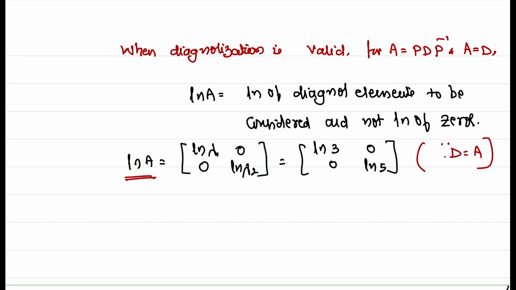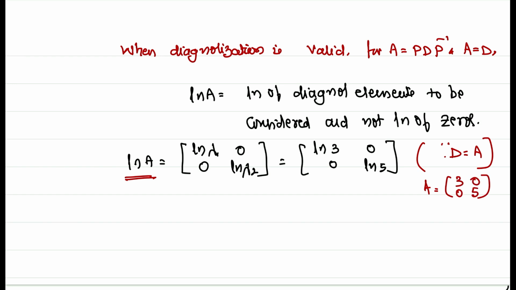ln A from the conditions, because the conditions are fulfilled, simplifies to ln of the matrix [3, 0; 0, 5].